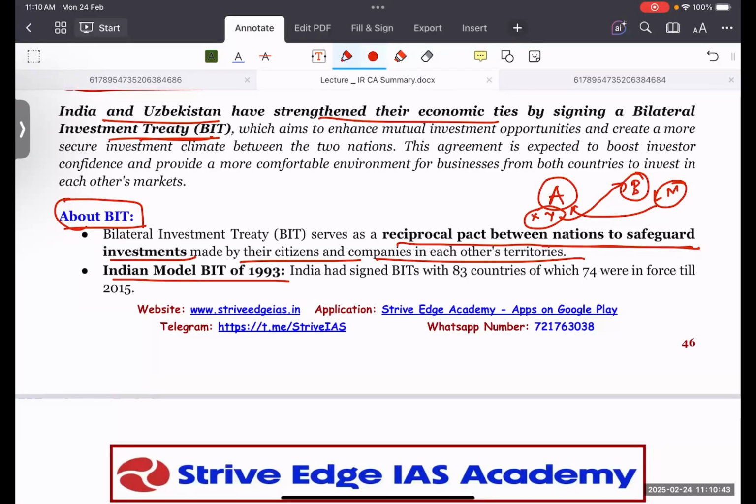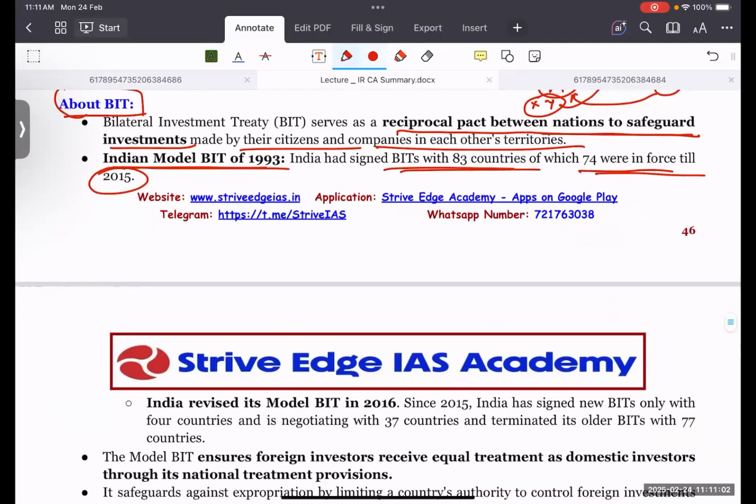In India, we have the Indian Model BIT of 1993. Using this, India has signed BITs with 83 countries, of which 74 were in force until 2015. Out of the 83 BITs we signed, 74 were in force.